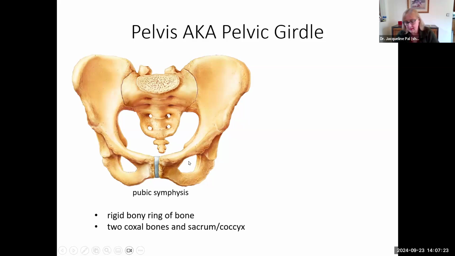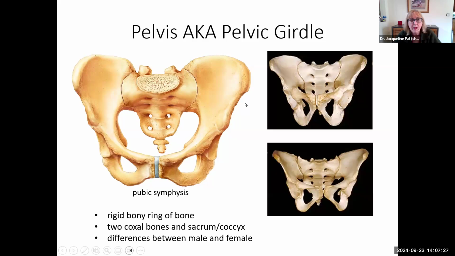And that's how you get this entire ring of bone. Okay. And when we look, we can see many differences between a male pelvic girdle and a female pelvic girdle.